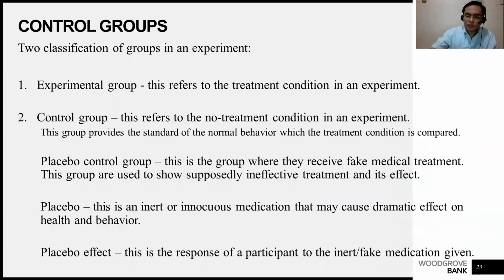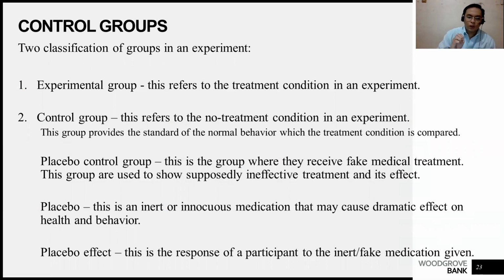In a control group, there are two classifications. There is the experimental group and the control group. Experimental group refers to the treatment condition in an experiment. This is where the manipulation happens.